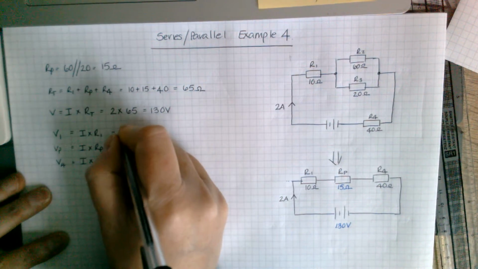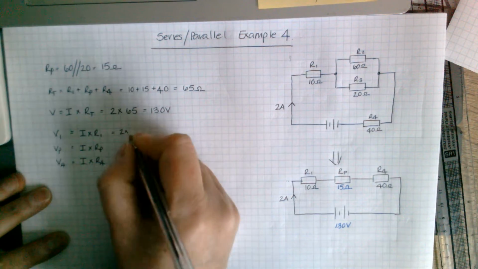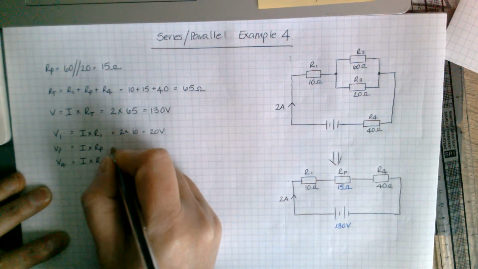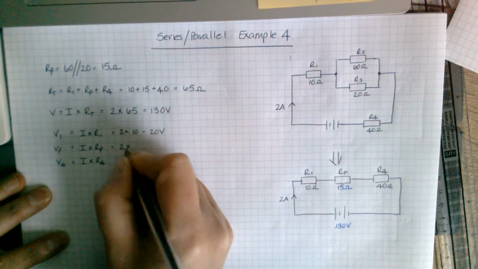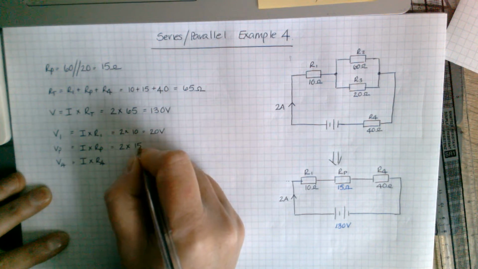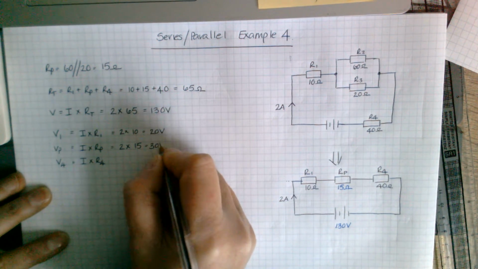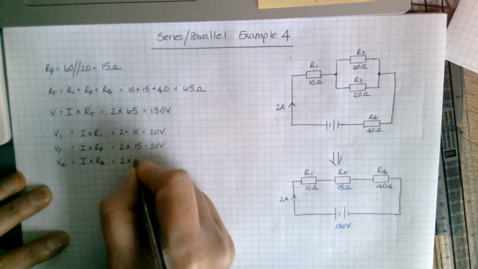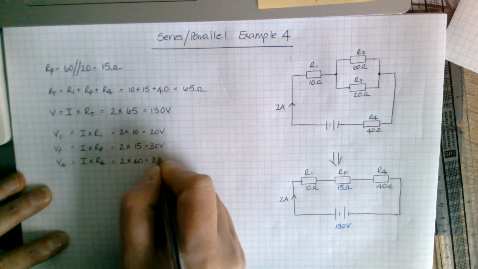I is 2. So you've got 2 times 10, 20 volts for V1. Then for VP, 2 times 15, 30. And then for V4, 2 times 40, gets you 80 volts.